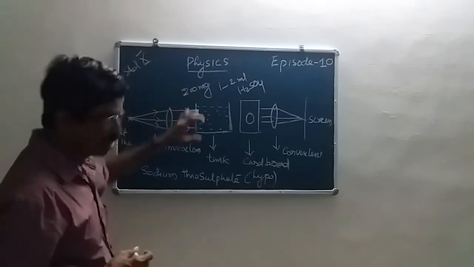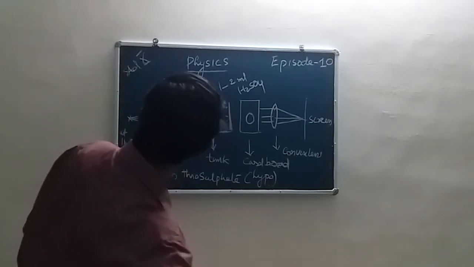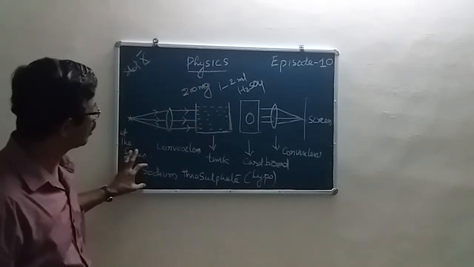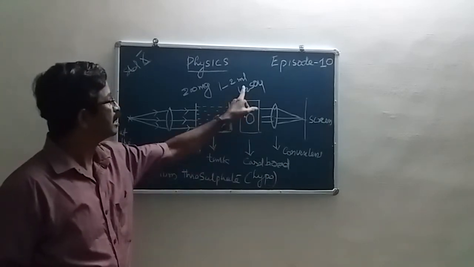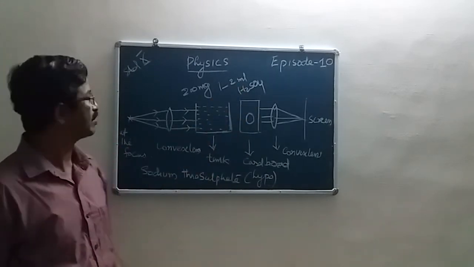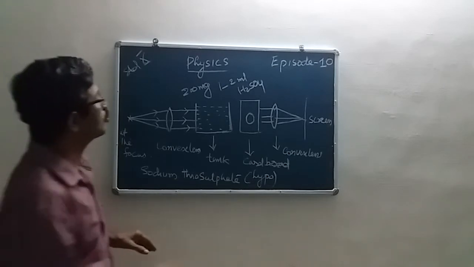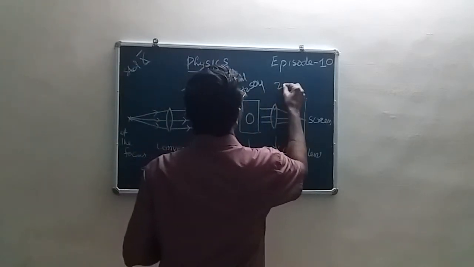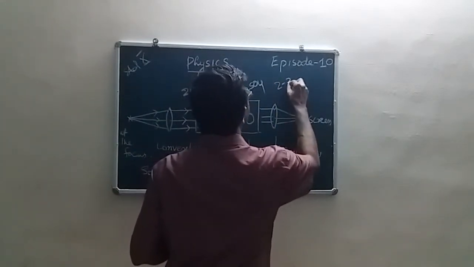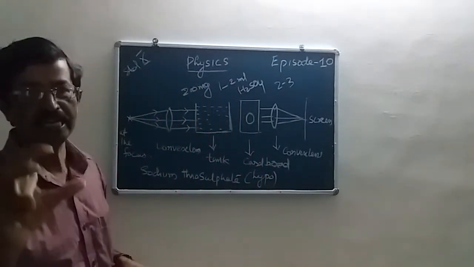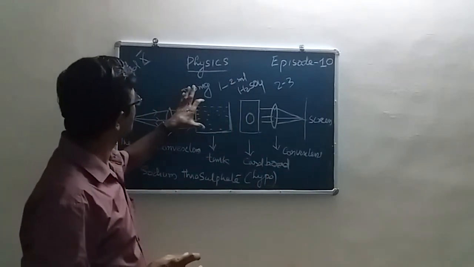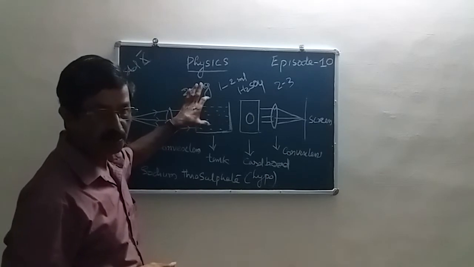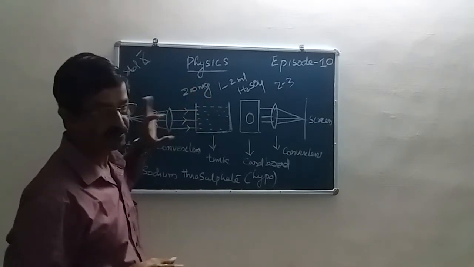Then after 2 or 3 minutes of adding sodium thiosulfate and concentrated sulfuric acid, we can see small particles of sulfur precipitating here.